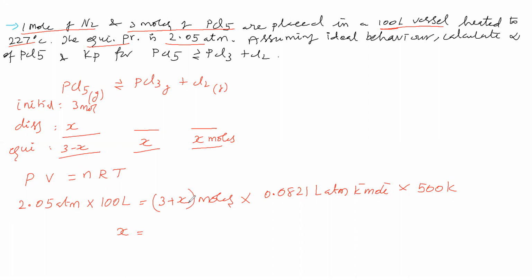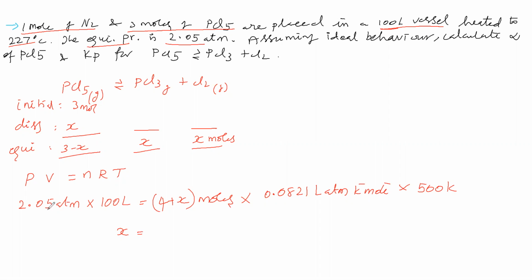Therefore, in the total number of moles, we have to include this N2 also. So instead of 3, we now write 4, because the N2 number of moles is also included. Otherwise, if you want to write 3 plus x, you have to subtract the pressure exerted by N2 and then substitute the value.